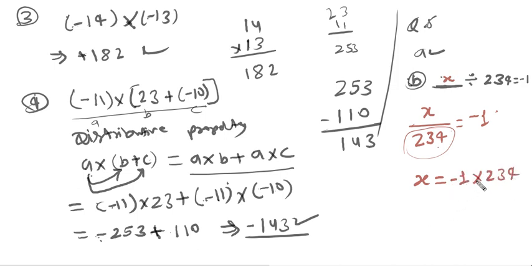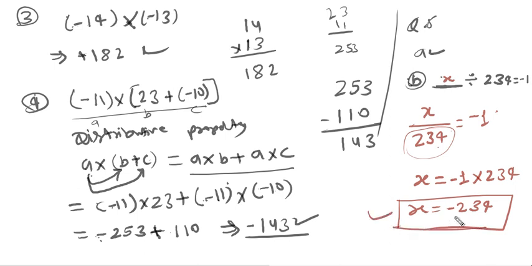If you multiply 1 with any digit, it will come the same, 234, but the sign is minus, so the value of x is minus 234. When you divide minus 234 by 234, it will come minus 1. Like this way you can put x in the fill in the blanks and find the value of x.